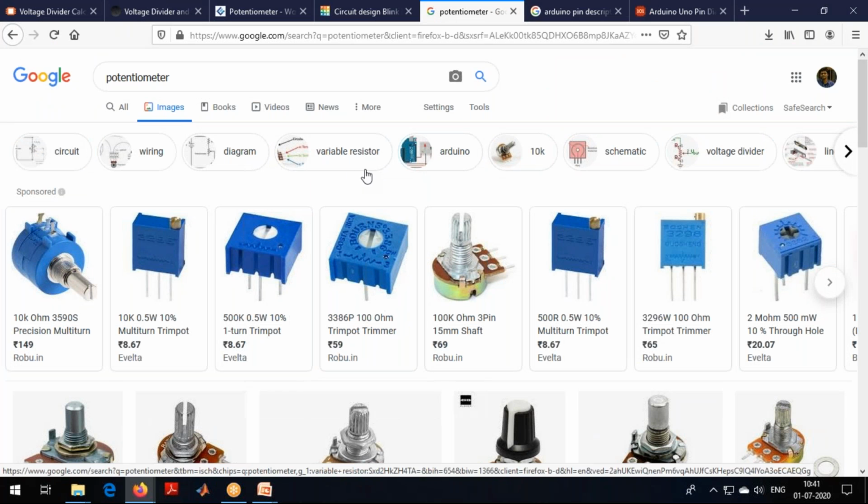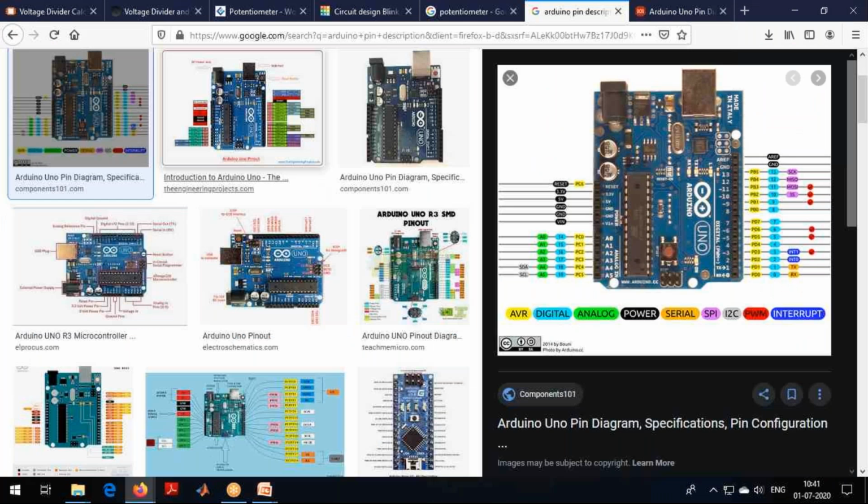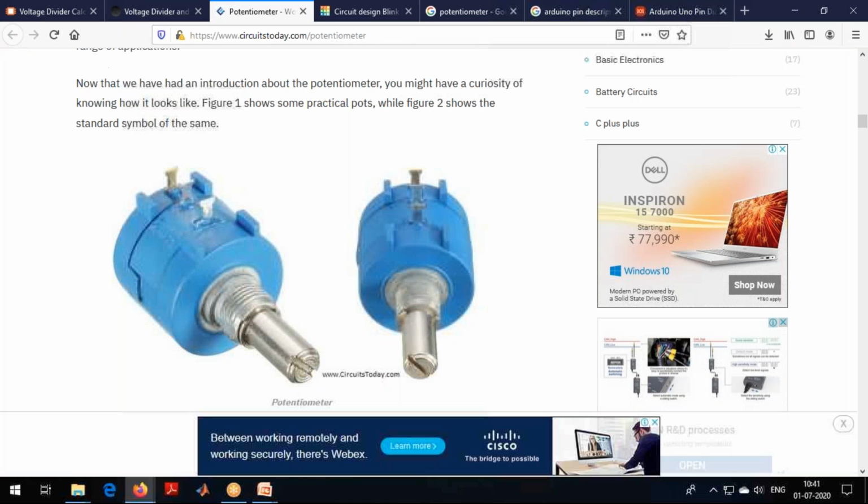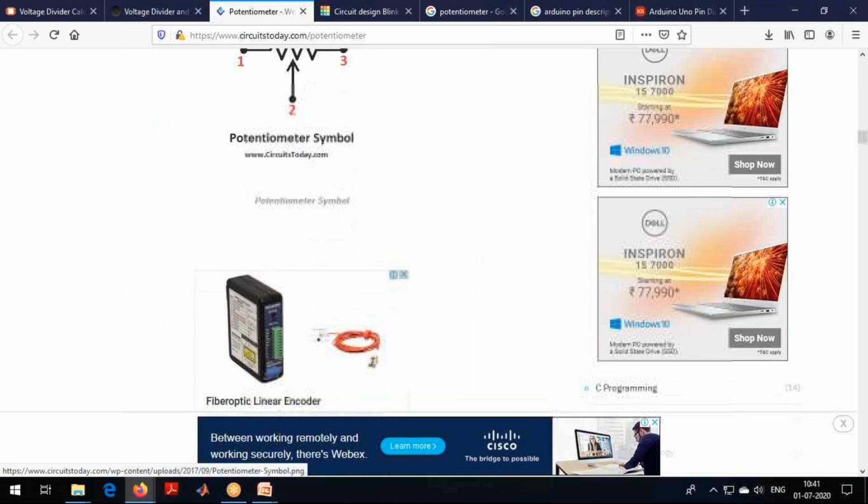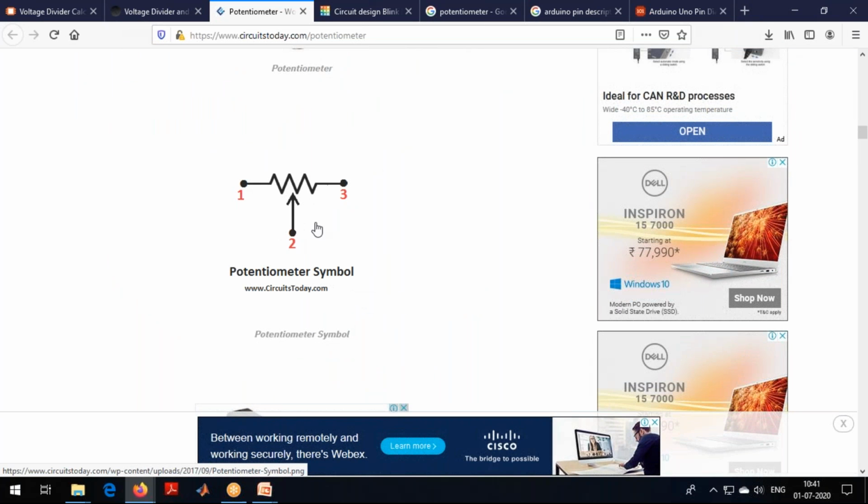So in a circuit, we can consider the diagram of that one like this, a potentiometer. The symbol will be like this. Whatever the 3 pins we have, that will be like this. When I consider the complete resistance between 1 and 3, it will be either 1 kilo ohm, 10 kilo ohm, 500 kilo ohm, 1 mega ohm, 2 mega ohm, like what we have seen just some time back.